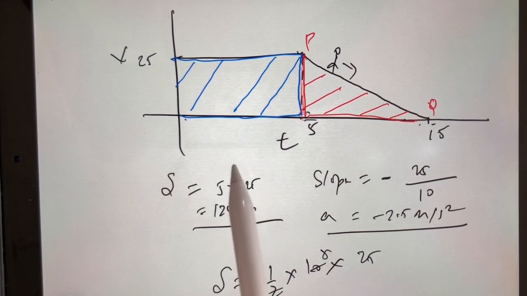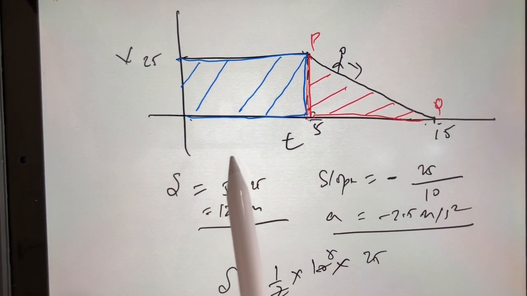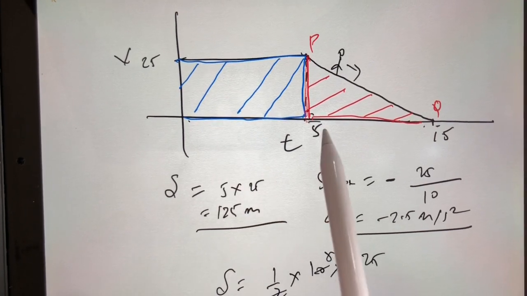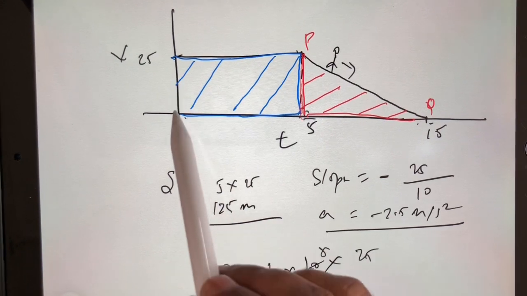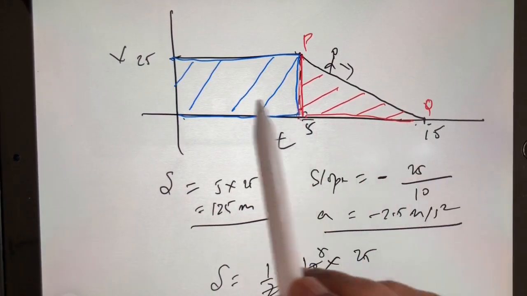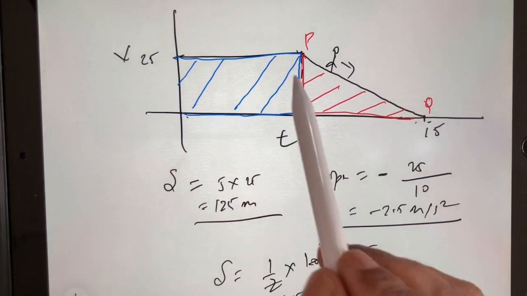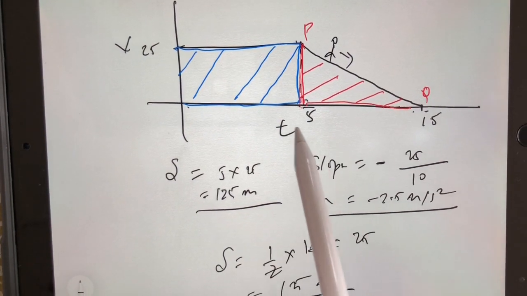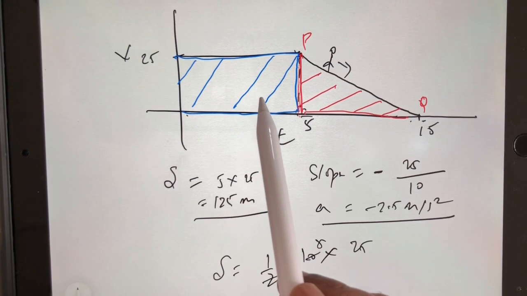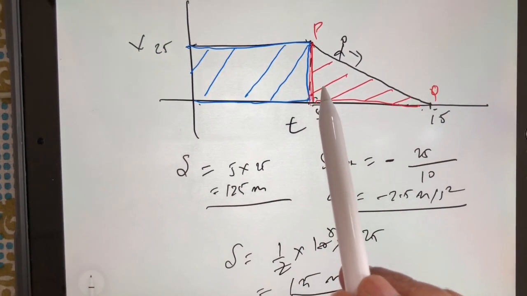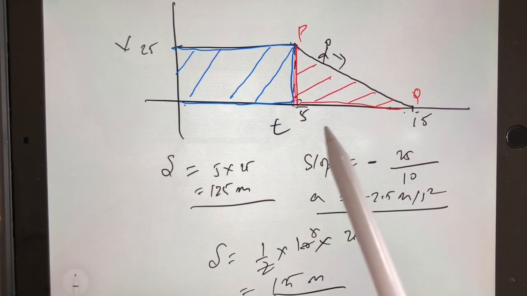If you recall our previous derivation, if you want to find the total distance traveled without breaking it up into these two parts, you could simply calculate the area of this one and this one together. Of course, it has been made simple so that we calculate it separately. In a real life situation, a car is traveling at a constant velocity and maybe the driver sees something and applies the brakes, but he takes some time to react.